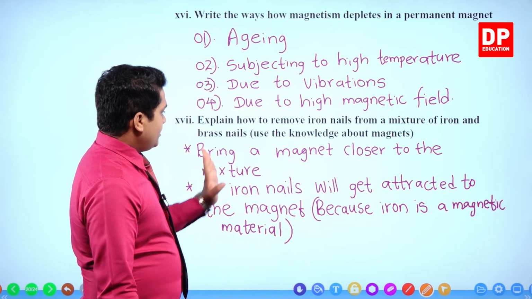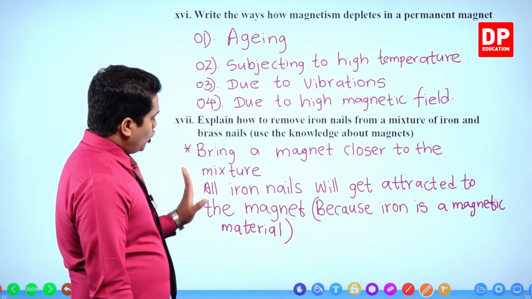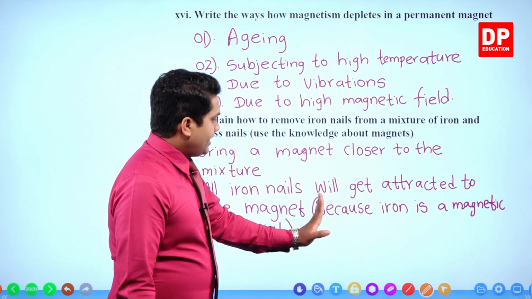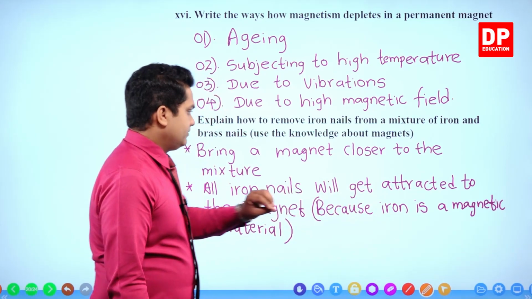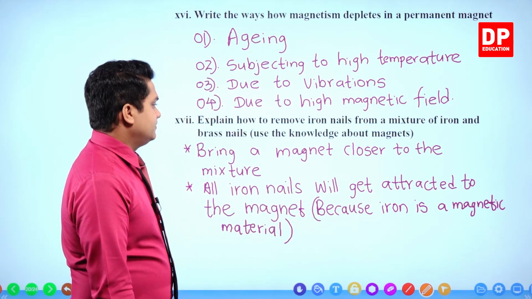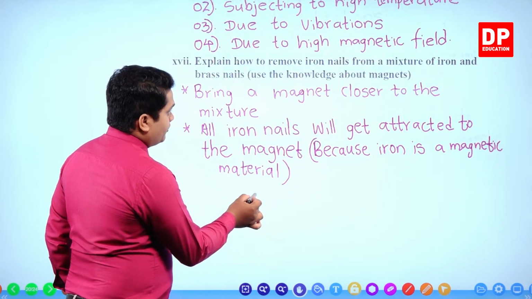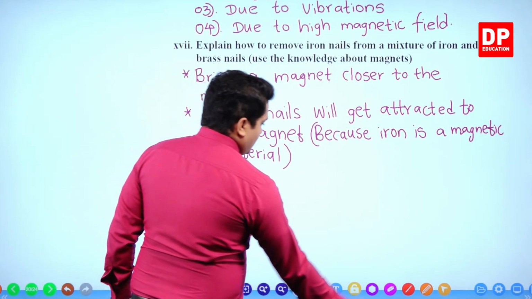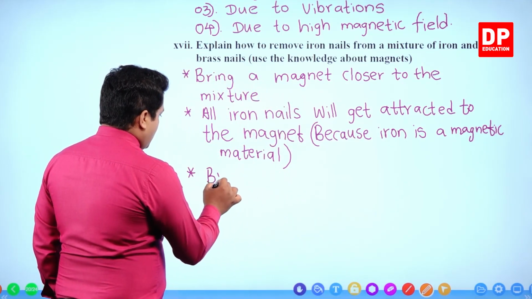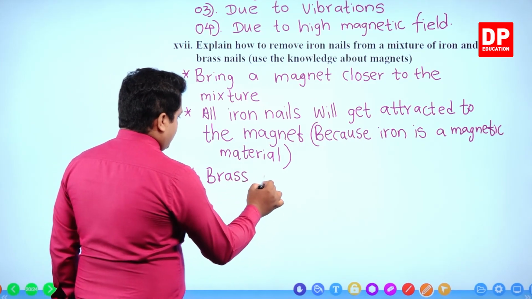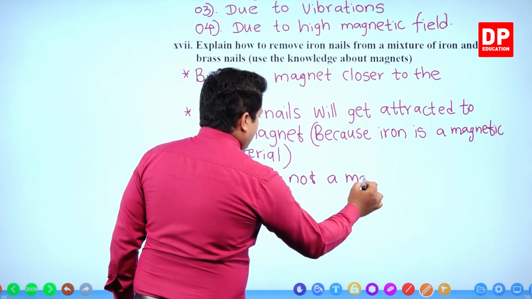So, bring a magnet closer to the mixture. All iron nails will get attracted to the magnet because iron is a magnetic material. So, I'll take the slide somewhat up to write down the rest. Brass is not a magnetic material.